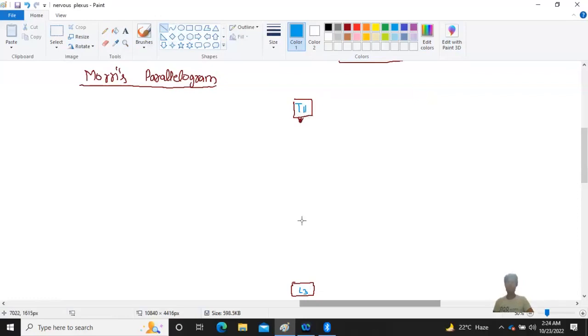So the parallelogram forms in between this, and the kidneys are located like this, with the upper pole and the lower pole. We know the right kidney is slightly lower than the left kidney because of the liver, so we draw the left kidney slightly higher.